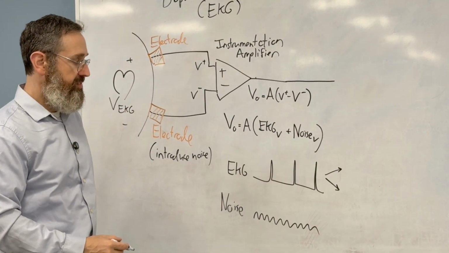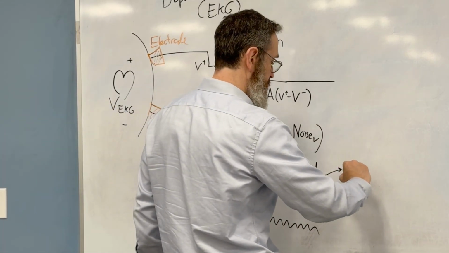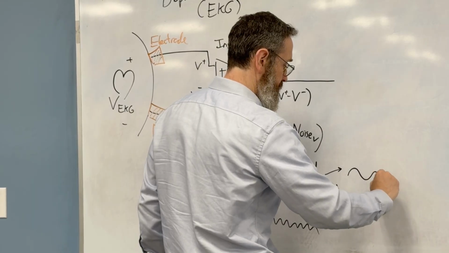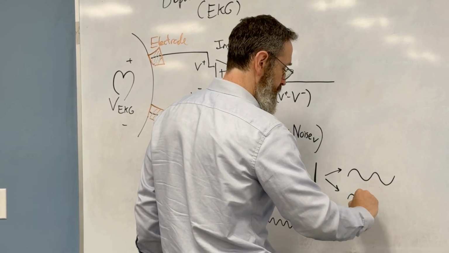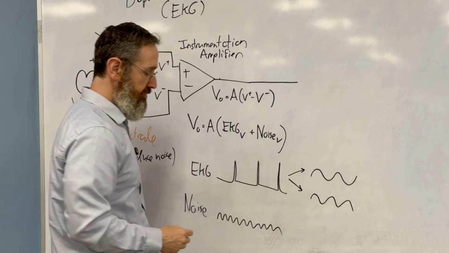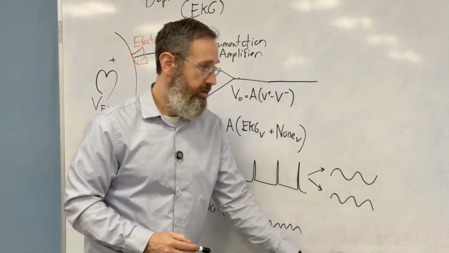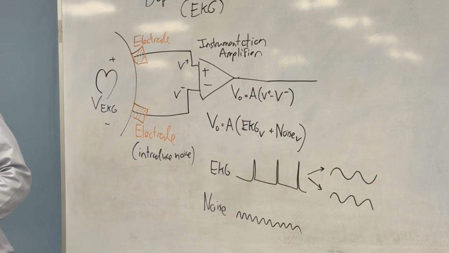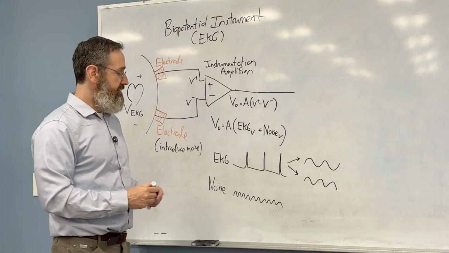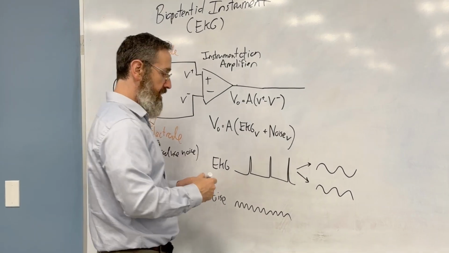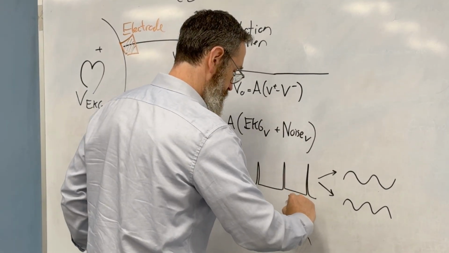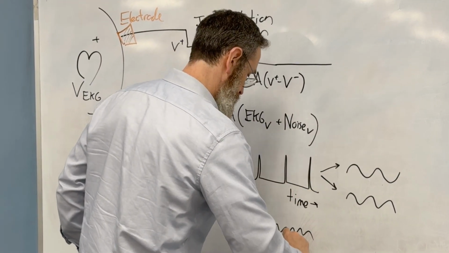So we went through a hypothetical where we imagine two relatively slow sinusoids, all here in time.